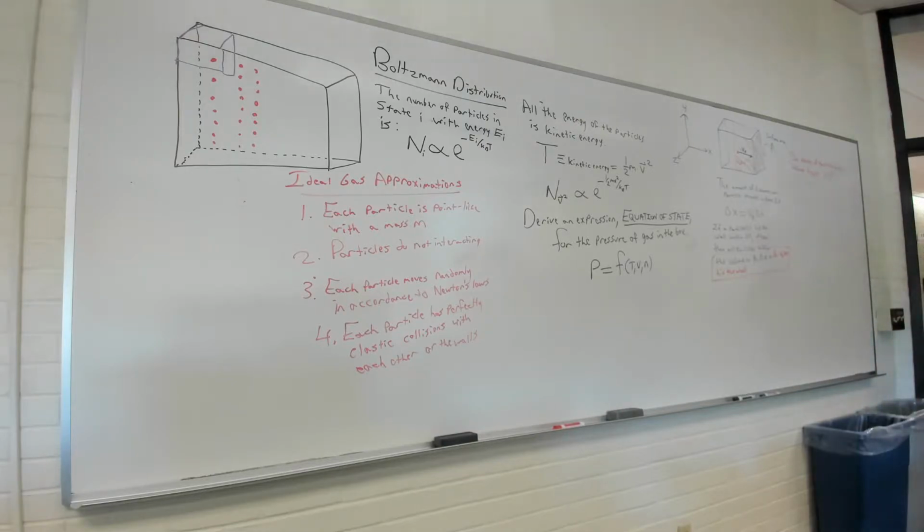Rho is density. It's going to be the number of particles in that volume. So the number of particles, and let's convert it into moles. We multiply by Avogadro's number and divide by the volume.